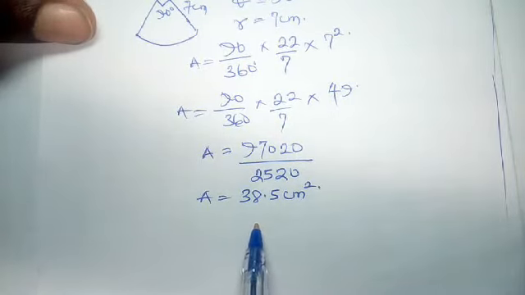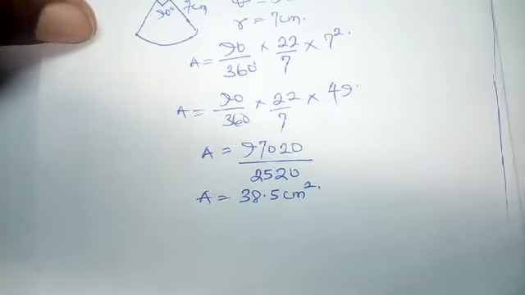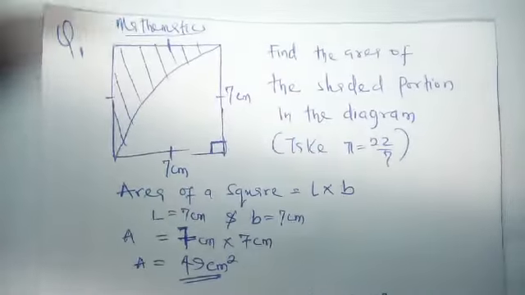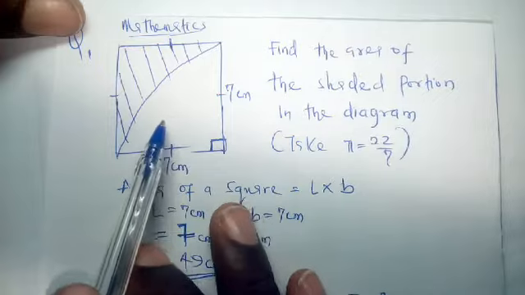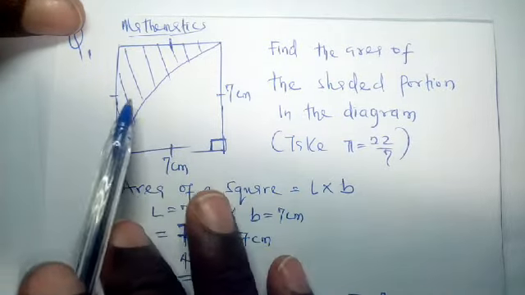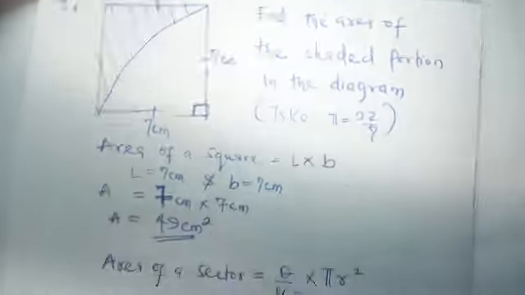Now, to obtain the area of the shaded portion here, what we do is to subtract the area of the sector from the area of the square, then we'll obtain what is remaining.